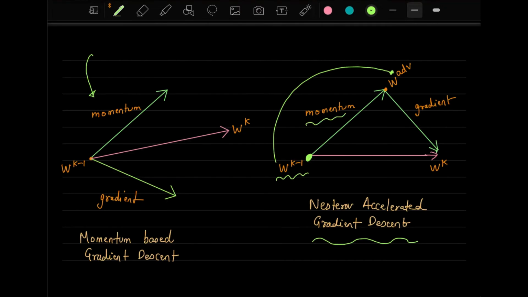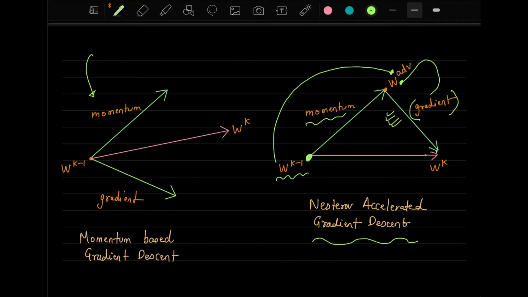Once you reach this point, you calculate the gradient at this W advanced, and you will get this vector.